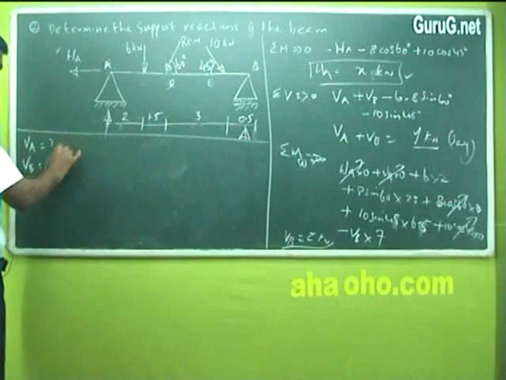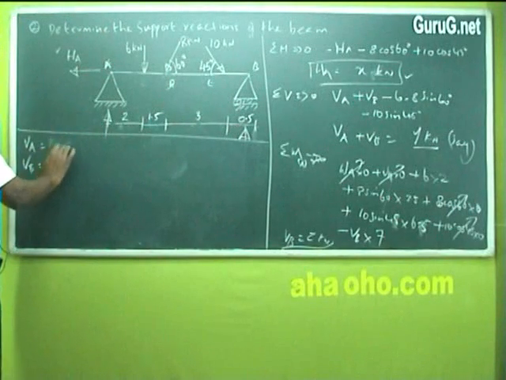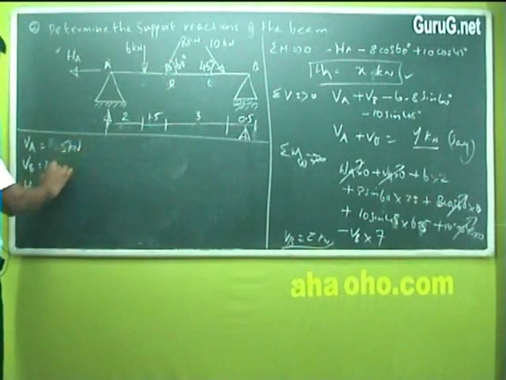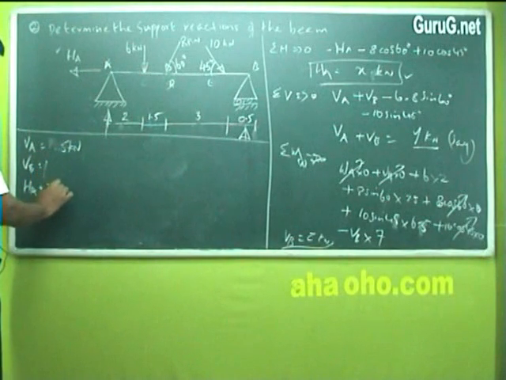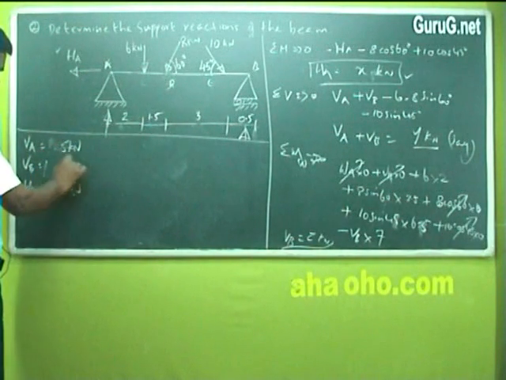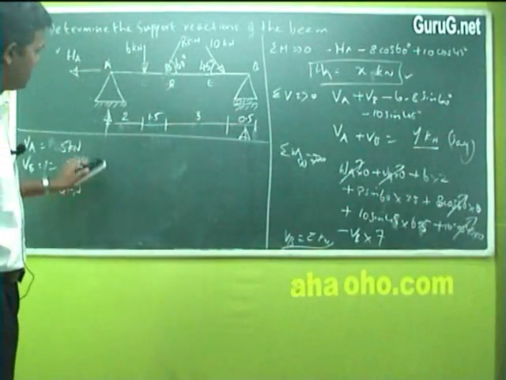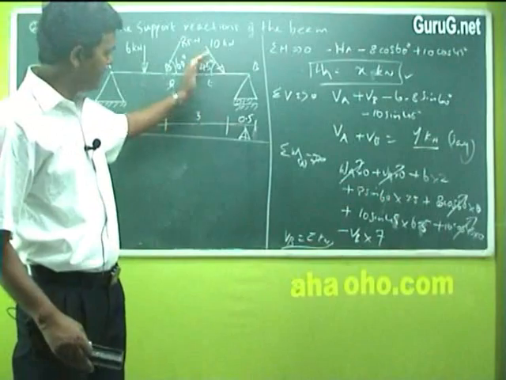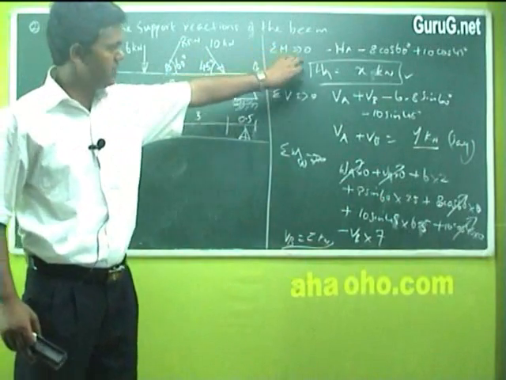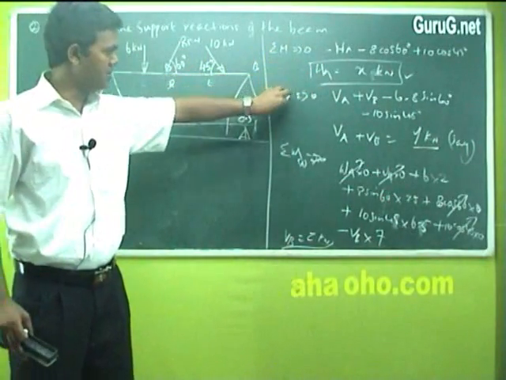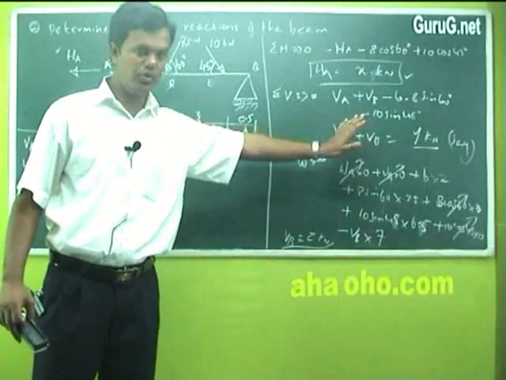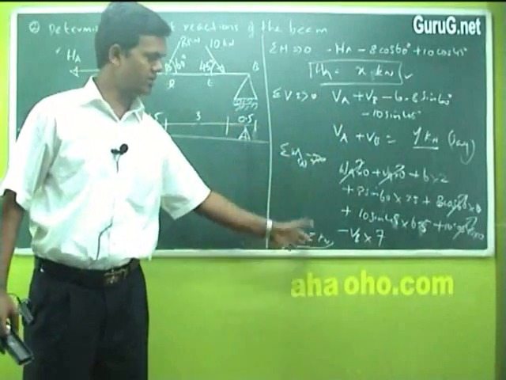For example, suppose VA is equal to 5 kilonewton, HA will be some 4 kilonewton, and VB is some 8 kilonewton, whatever it is. So this step is, after writing the sketch, you have to solve sigma H to find HA, sigma V to find some unknown, and go to moment to find out some other answer.